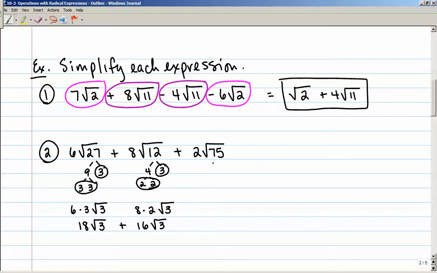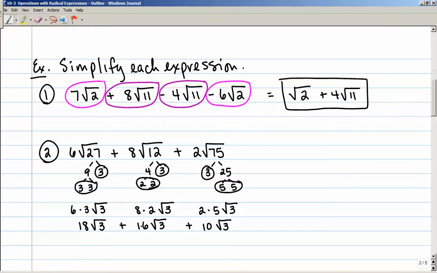And then my 75 is a 3 and a 25, or a 5 and a 5, which is going to turn into a 5 times the square root of 3. So putting down the 2 that was in front times this 5 times the square root of 3, that's going to be plus 10 square root of 3.